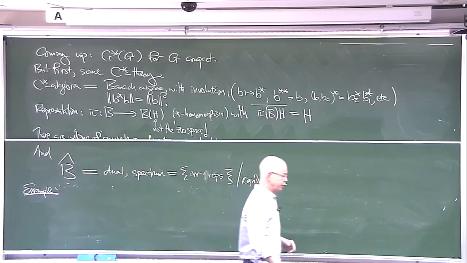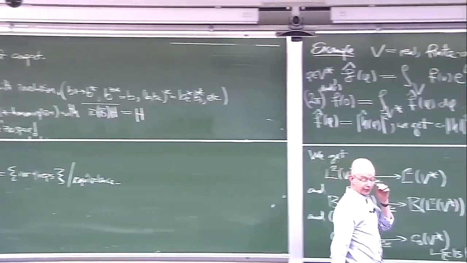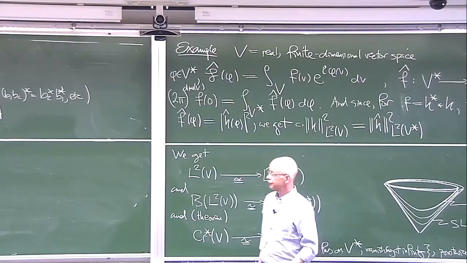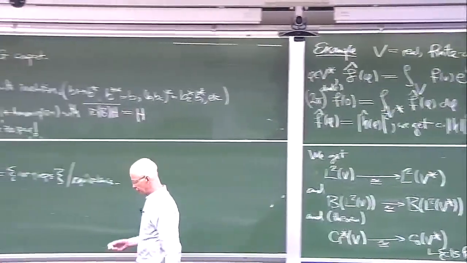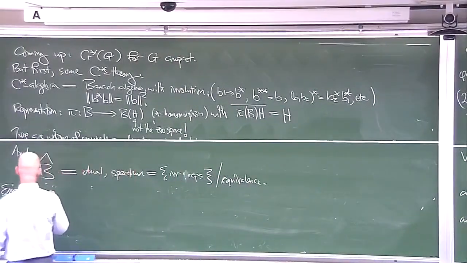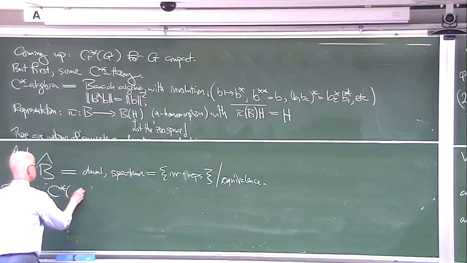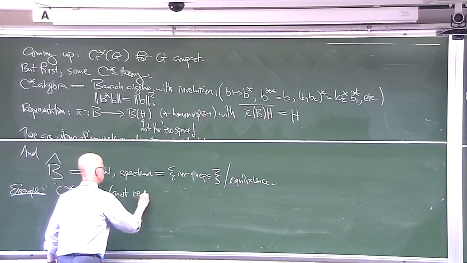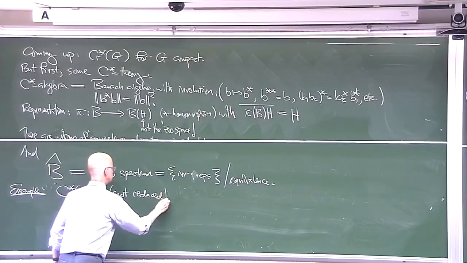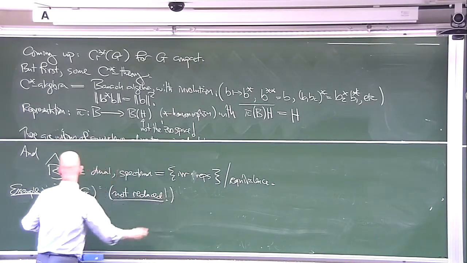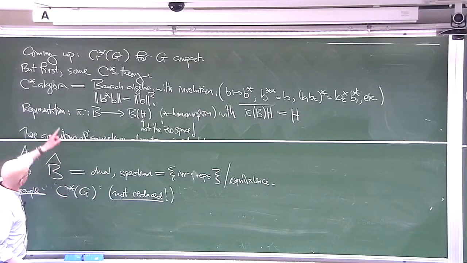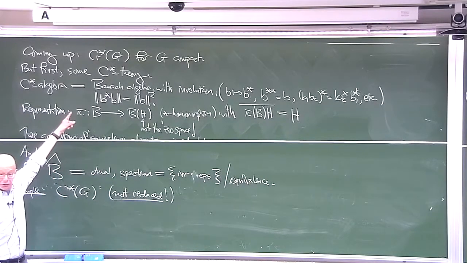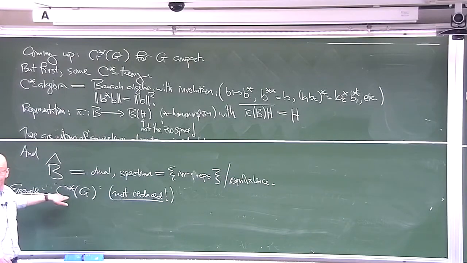I defined the reduced C-star algebra, and let me define its friend, the full C-star algebra of G, now, just so we have it. The C-star algebra that I was talking about before had a little r, a little subscript. Here, there's no subscript.